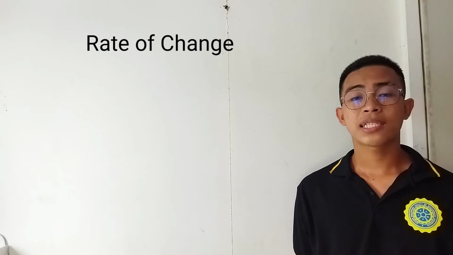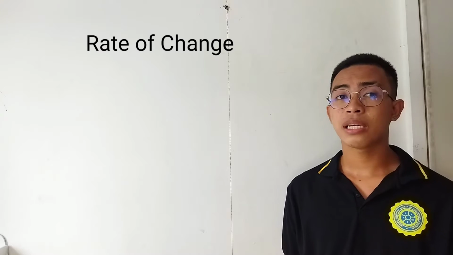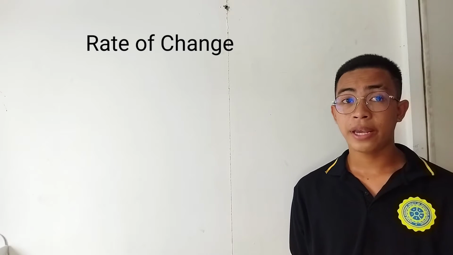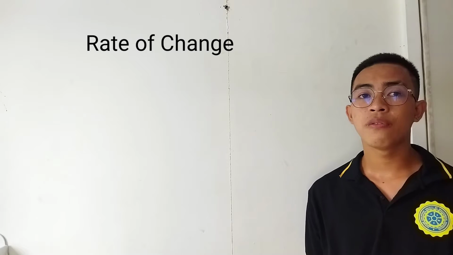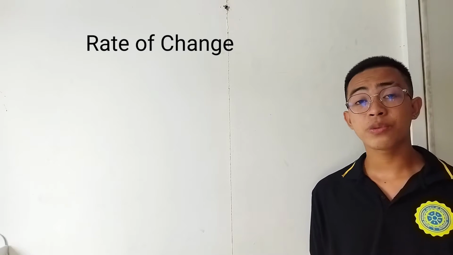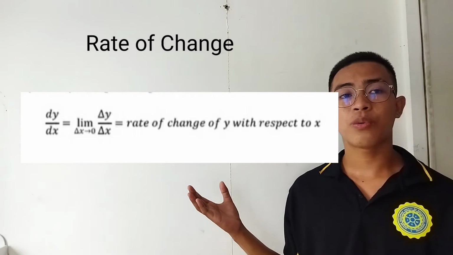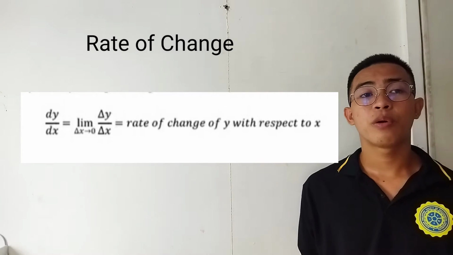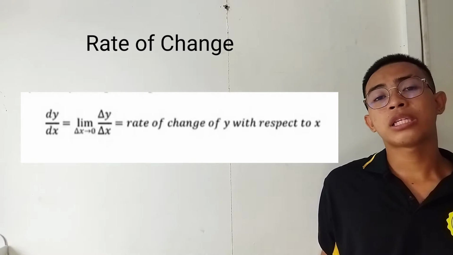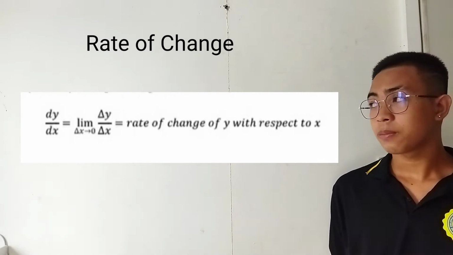If we let delta x approach 0, the ratio in general approaches a limiting value which is defined as the rate of change of y corresponding to the given value of x, or the instantaneous rate. So dy over dx equals the limit of delta y over delta x as delta x approaches 0, and it is called the rate of change of y with respect to x.